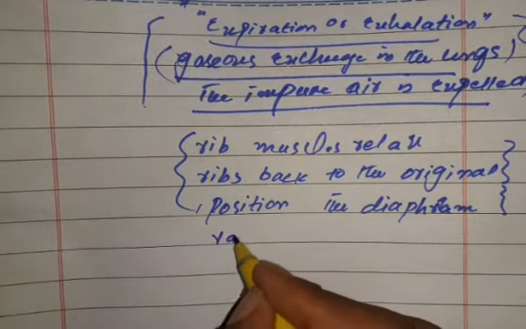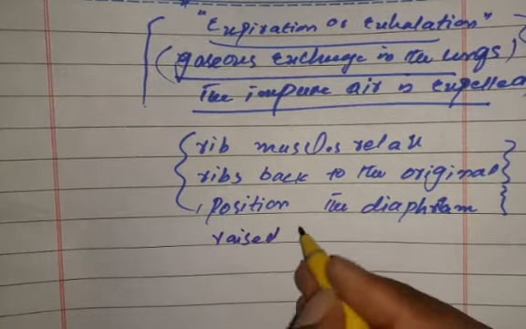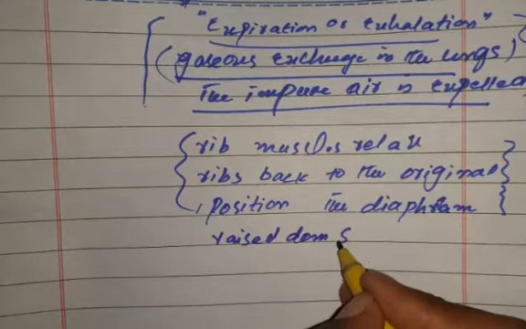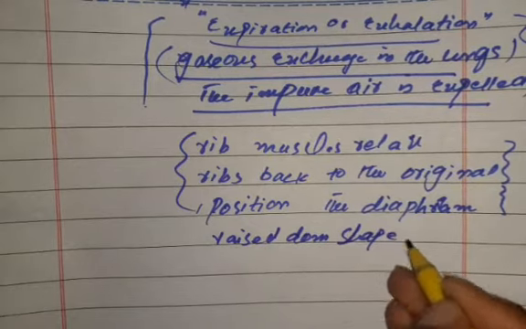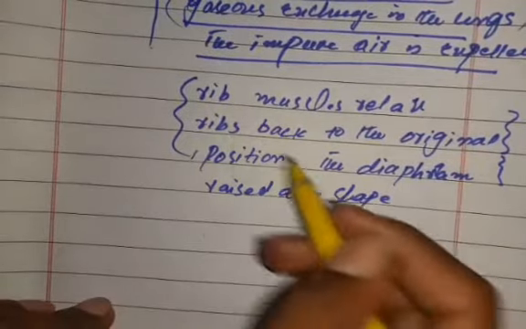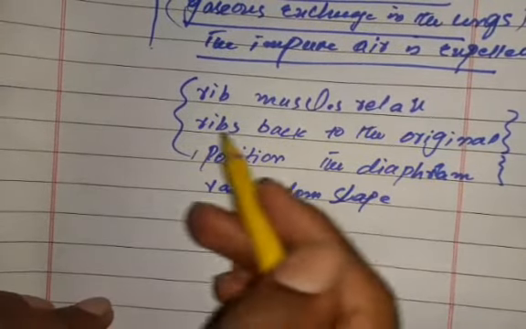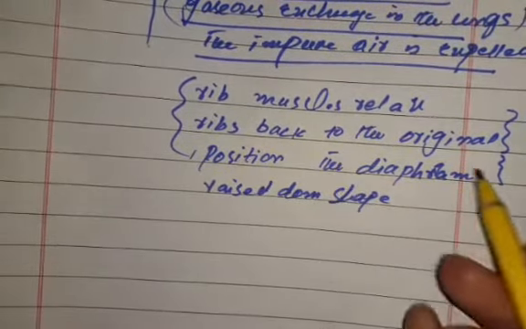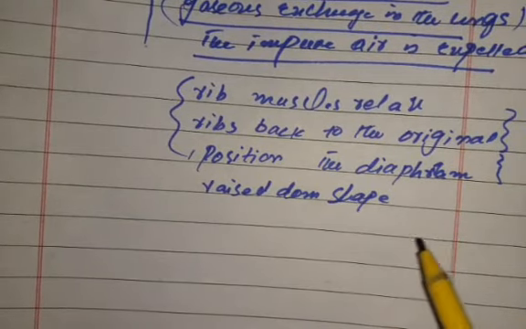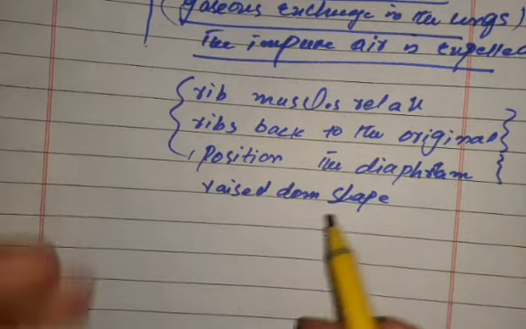As a result, the rib muscles relax and go back to the original position, and the diaphragm is raised in a dome once again.